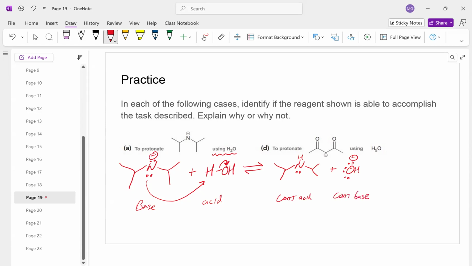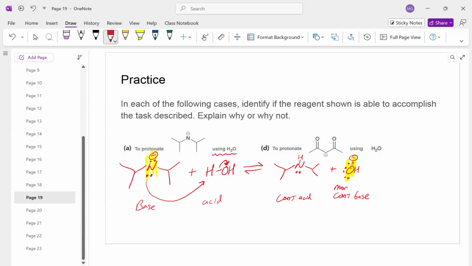So what we're going to look at is the stability of the bases and ask ourselves which one is more stable. So compare the negative charges. We've got a negative charge over here and over here. Now we're going to use ARIO and start with atom. The atoms are different, so we can use that part of ARIO. On the left is nitrogen, on the right is oxygen. Remember, since they're in the same row, we're going to use electronegativity. Oxygen is more electronegative, so it can handle a charge better than nitrogen can.